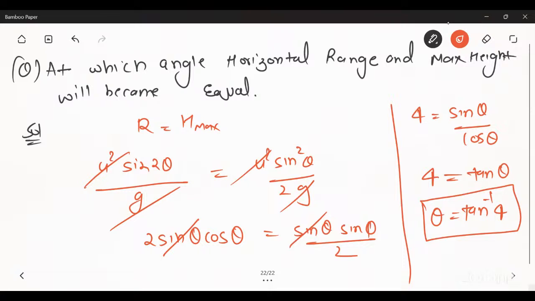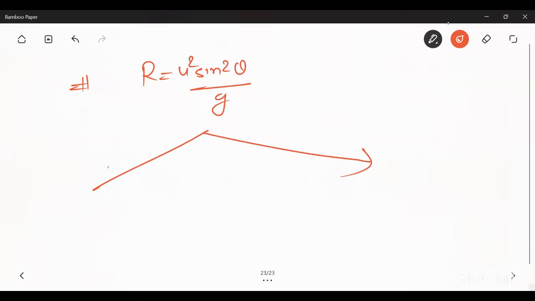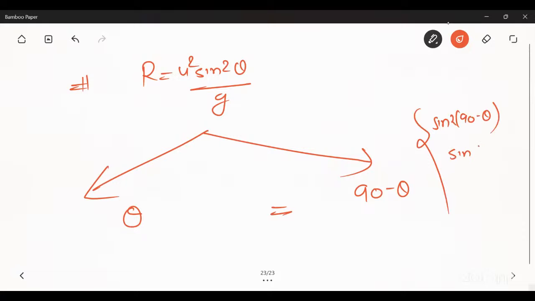Okay. Now consider one more thing. We know that range is equal to u square sine 2 theta by g. So for complementary angles, that means at theta and at 90 minus theta, range will be equal. Why will range be equal? Because sine 2 into (90 minus theta) is equal to sine (180 minus 2 theta), and sine (180 minus theta) is sine theta. So sine 2 theta.